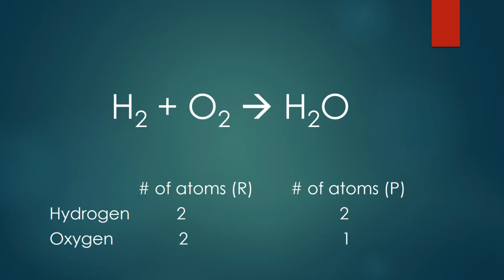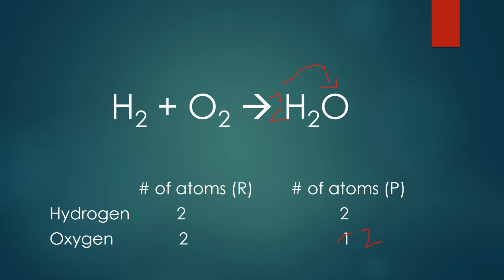So to make this 1 into a 2, I'm going to have to multiply it by 2, because the coefficient multiplies how many molecules you have. So pretend that is legible too.